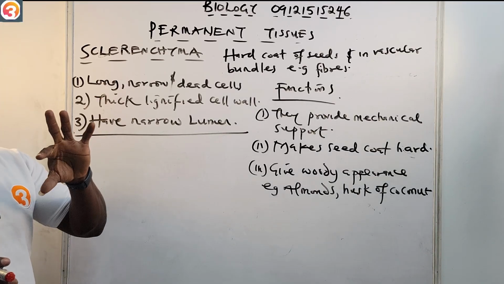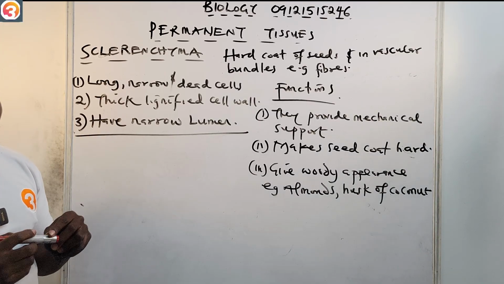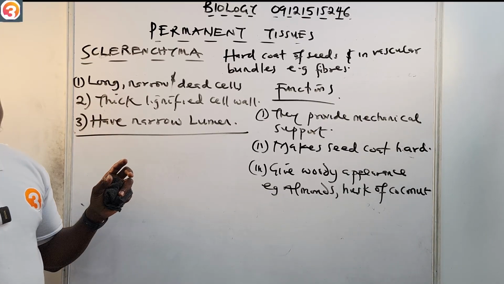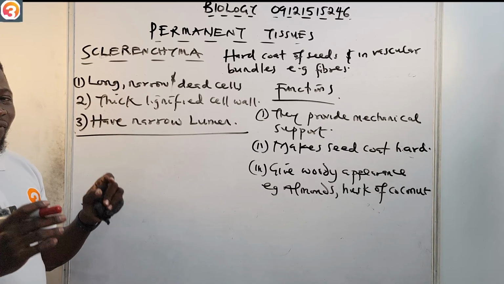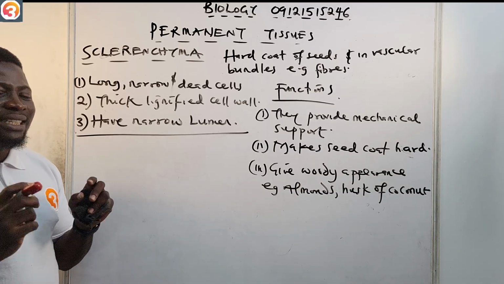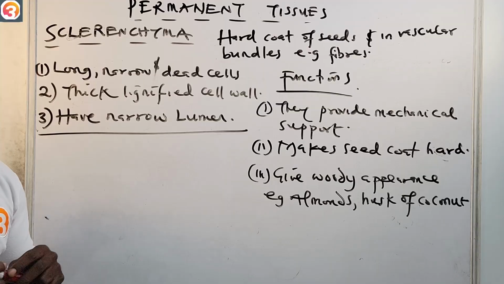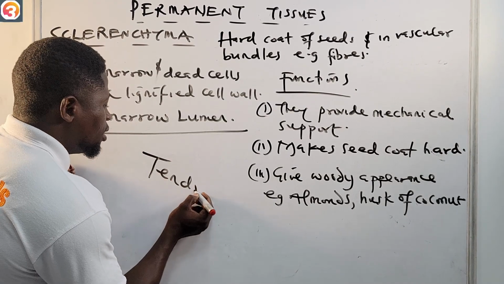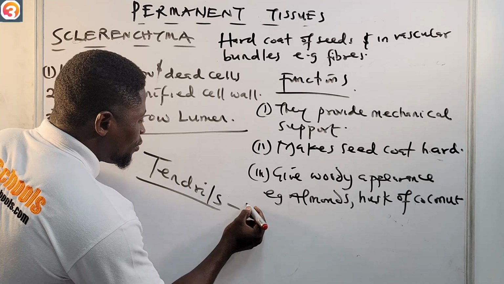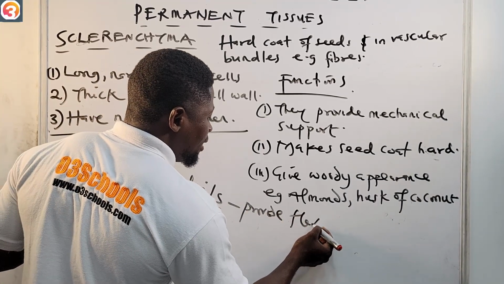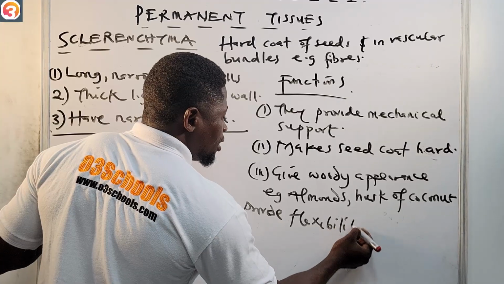As a revision, we said that the parenchyma tissues are found throughout the plant. Remember very vividly, they are found throughout the plant, while collenchyma are found in the tendrils, and they provide flexibility.